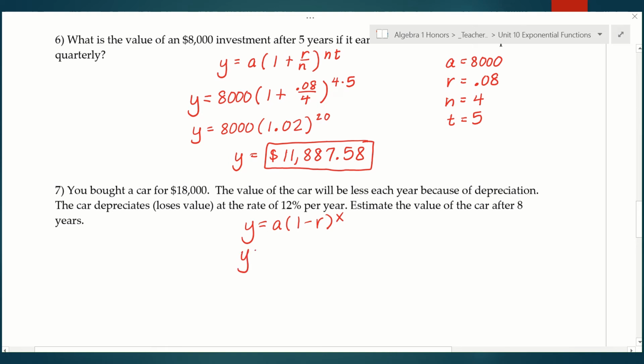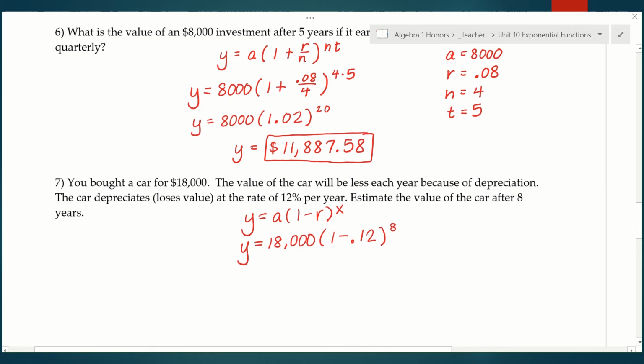All right, so you bought the car for $18,000. There's your initial value. Our decay rate is 12%, so 1 minus 0.12. And we want to know how much this car is worth after 8 years.